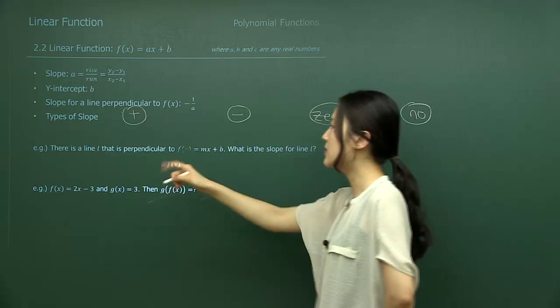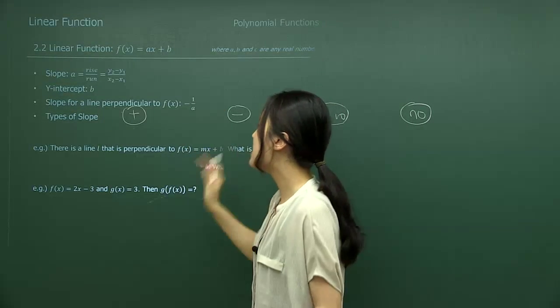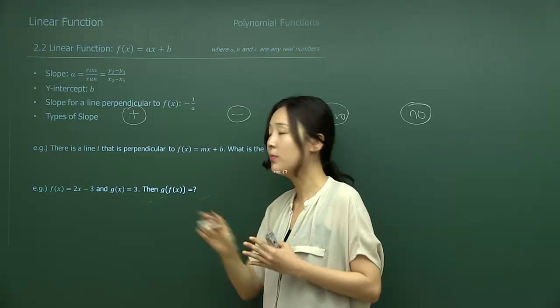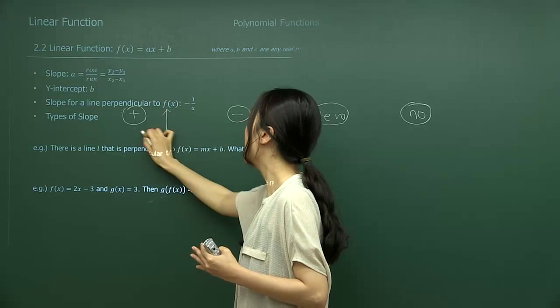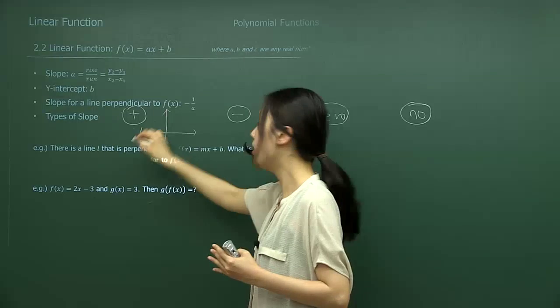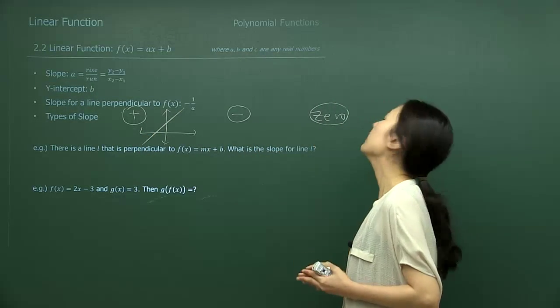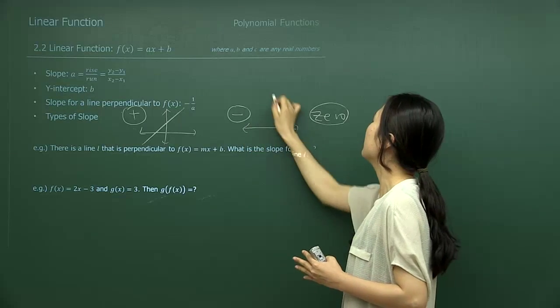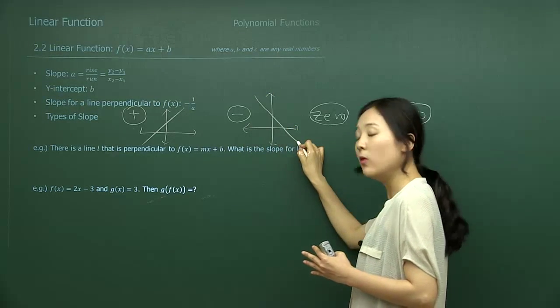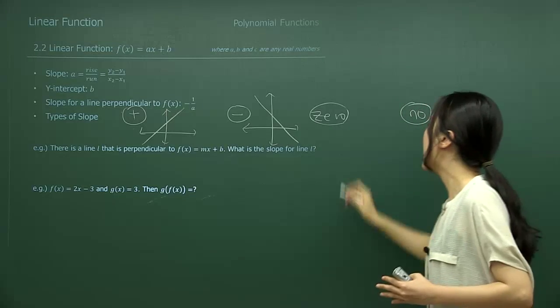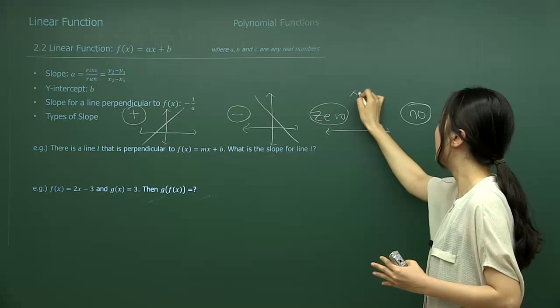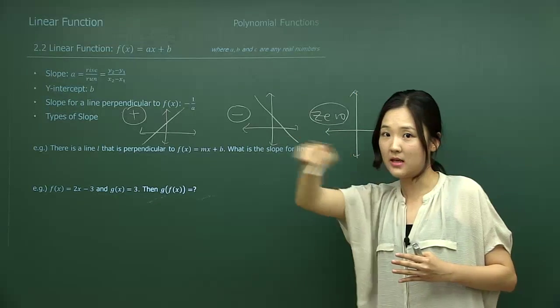Let's talk about positive slopes first. Any line that has a positive slope will have to rise to the right. Remember that, it's rising to the right. If the line has a negative slope, then it will be falling to the right. If a line has a zero slope, then it's steady.